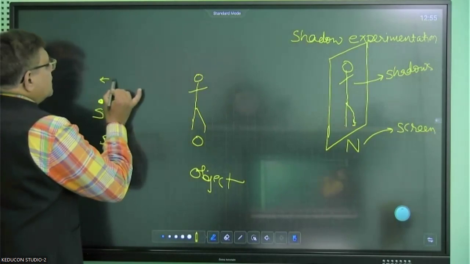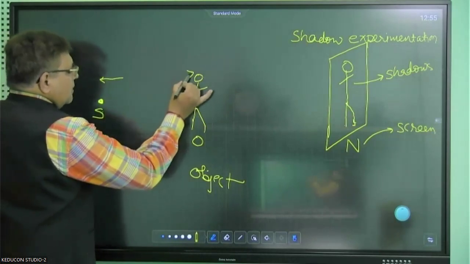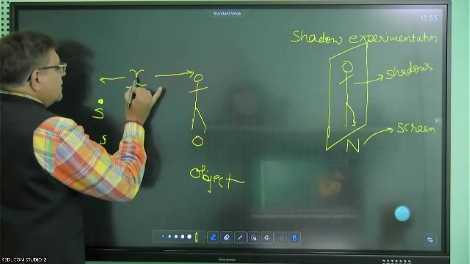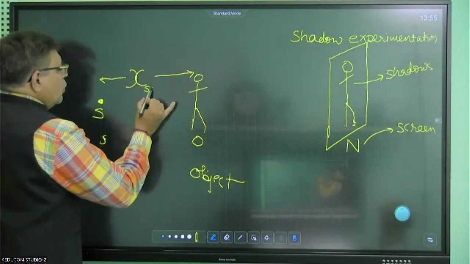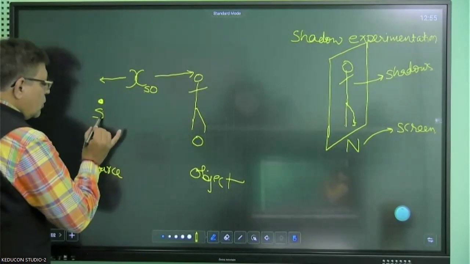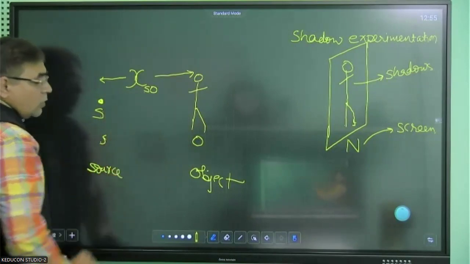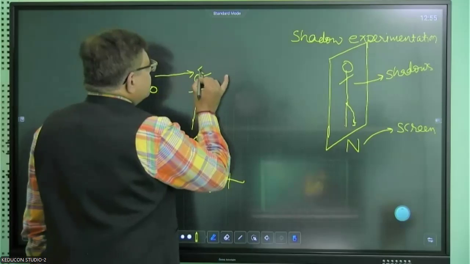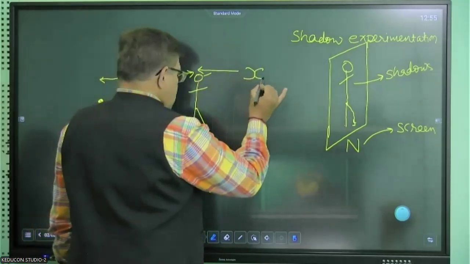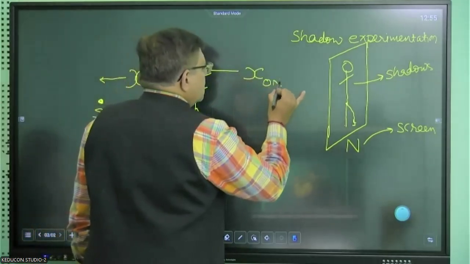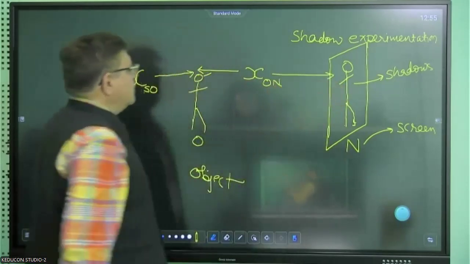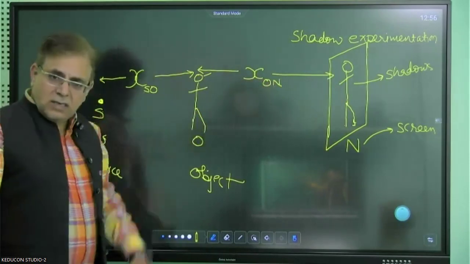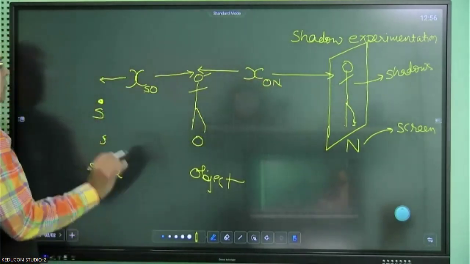Okay, let's call this distance between object and source XSO. S stands for source, O stands for object. Let's call this distance XON, meaning the gap between object and screen. So what are our observations?